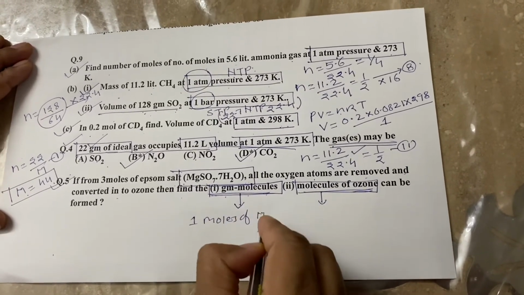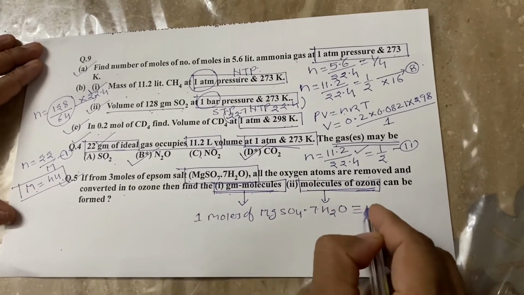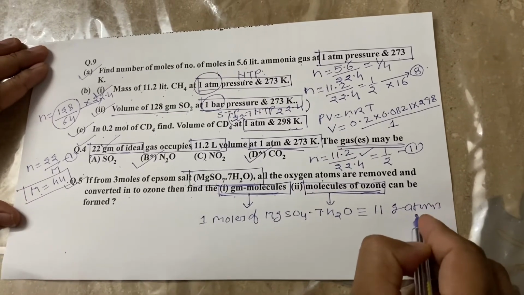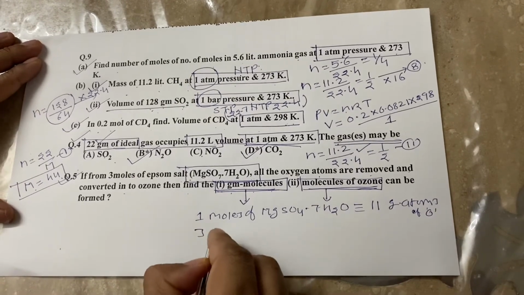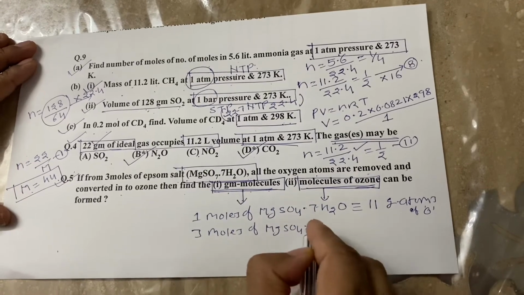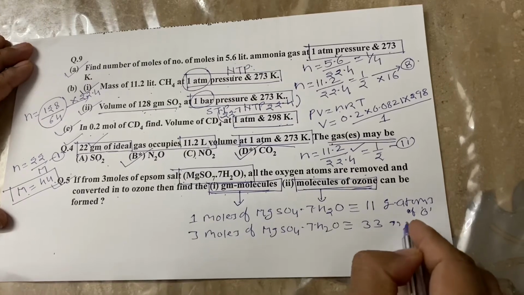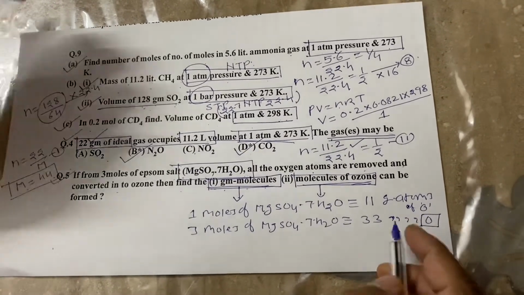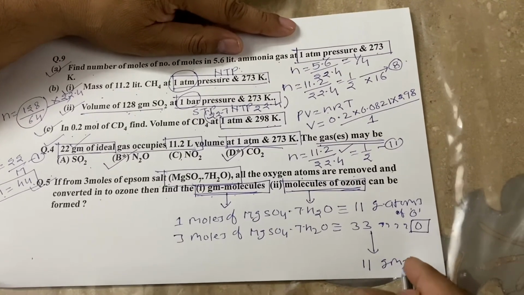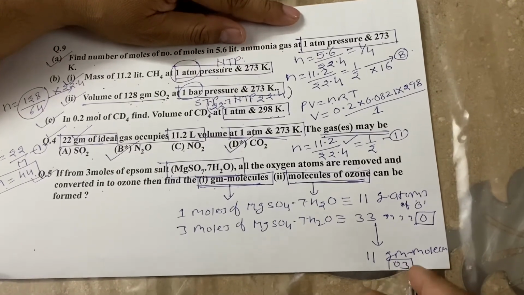So 1 mole of MgSO4.7H2O contains obviously 11 gram atoms of oxygen. So 3 moles of MgSO4.7H2O contains 33 gram atoms of oxygen. So from 33 gram atoms of oxygen, definitely 11 gram molecules of ozone will be formed, right?